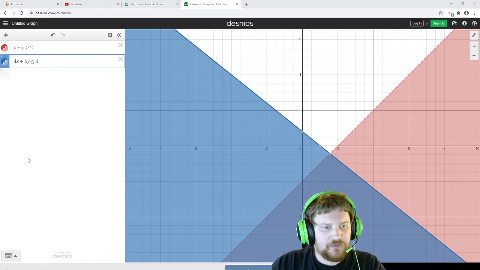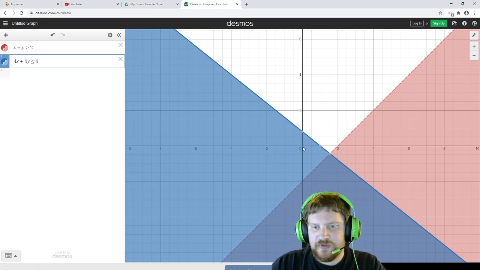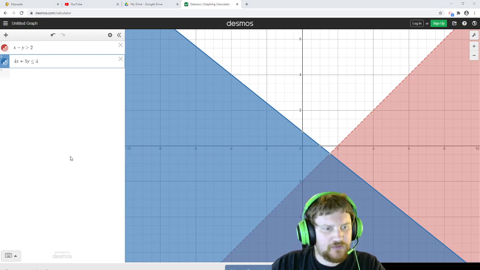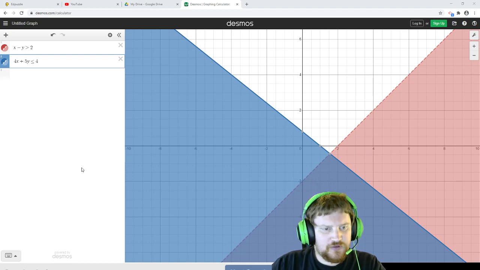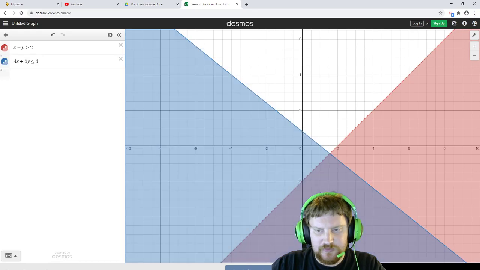So 0, 0 is not in the solution. 0, 5 is not in the solution. 6, 0 is not in the solution. 2, negative 4 is in the solution.